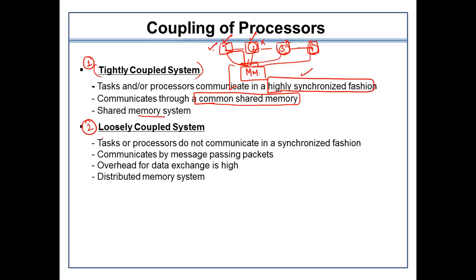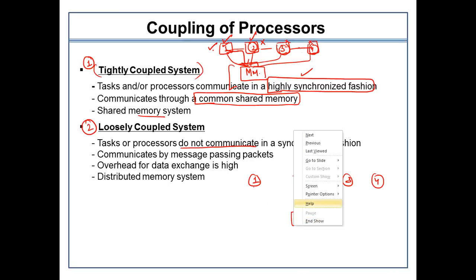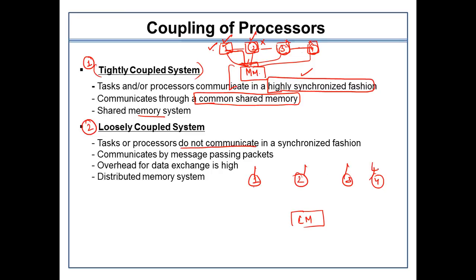The second type of processors are the loosely coupled ones. Basically, they don't communicate in a synchronized fashion. These different processors might be sharing the common memory, but they also have their own local memories within them.